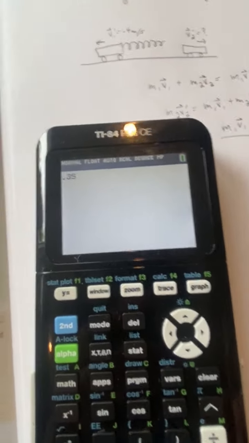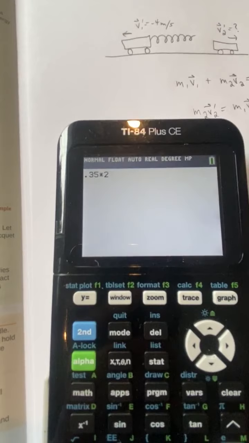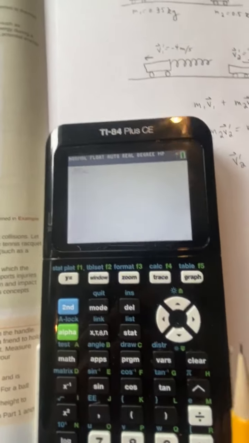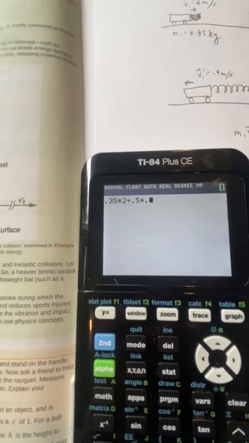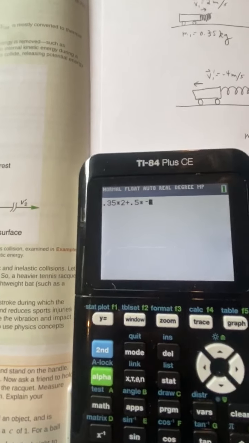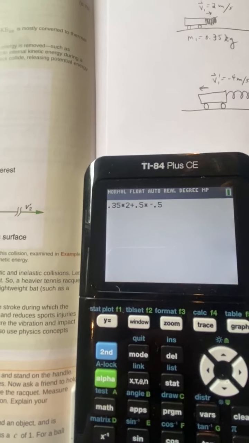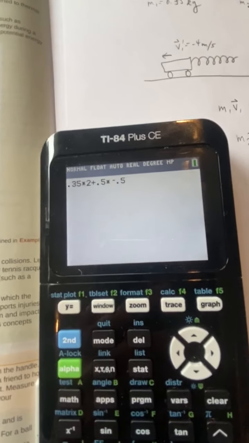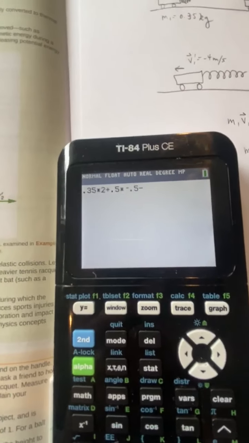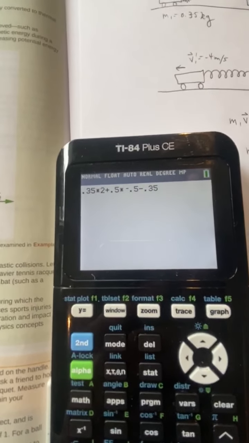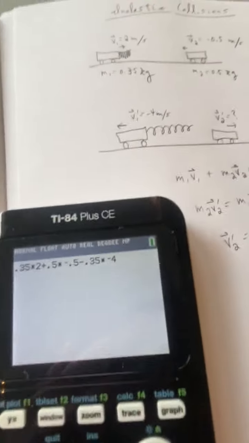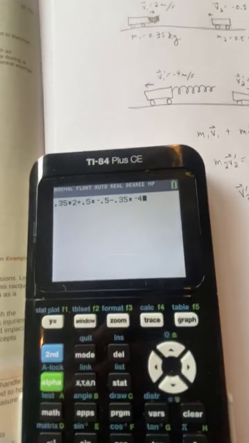So we'll do m1 times v1, so that's 0.35 times 2, plus m2, so that's 0.5 times minus 0.5. And then we have minus m1 v1 prime, so that's minus, again, 0.35 times minus 4, because we're recoiling, we're going backwards.